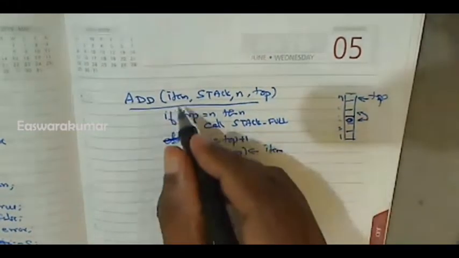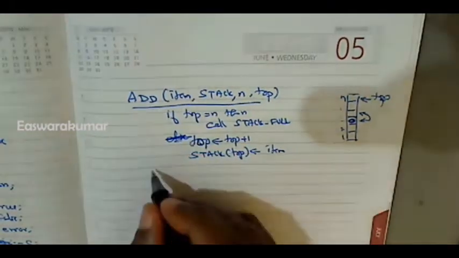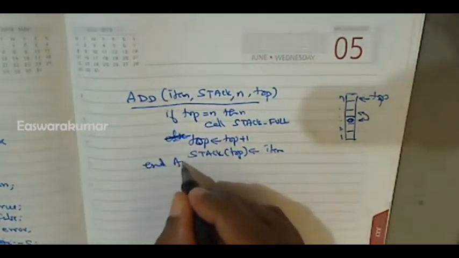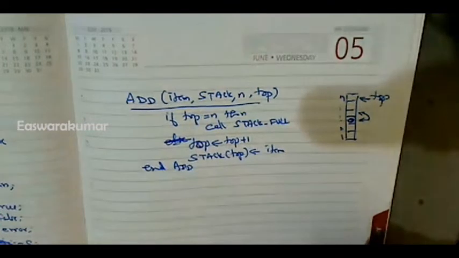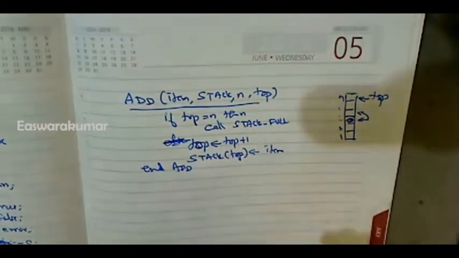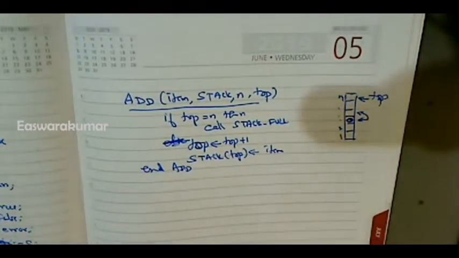Item is what we have to insert. Then end of the add function. So this is the process for inserting. The element will always be inserted at the top, not in the middle or somewhere else.